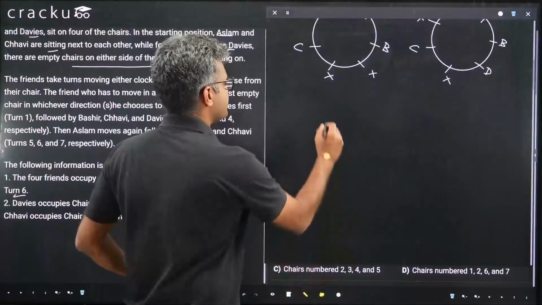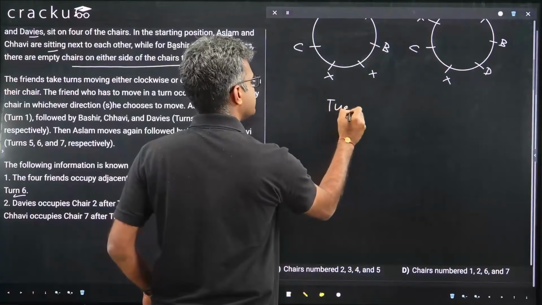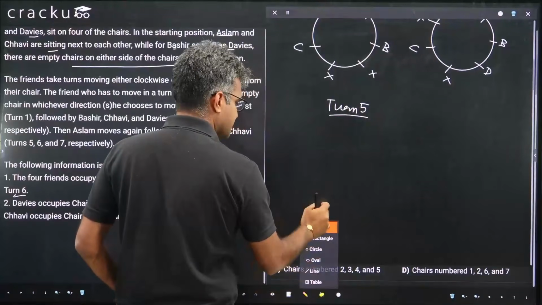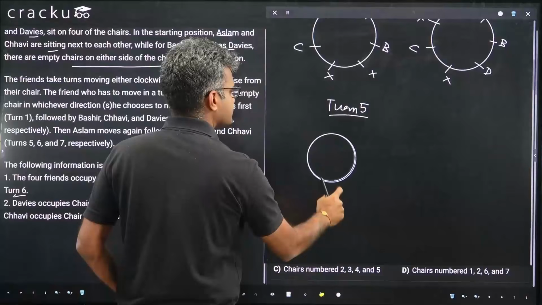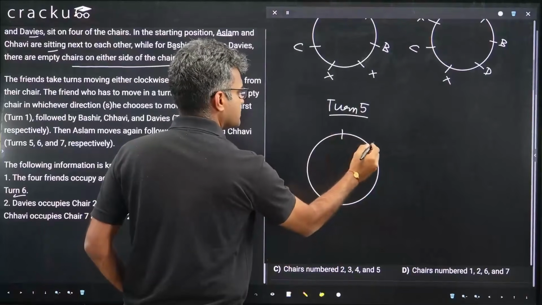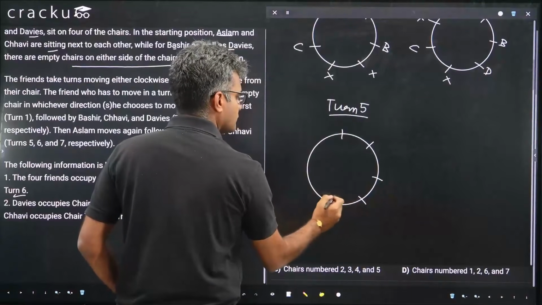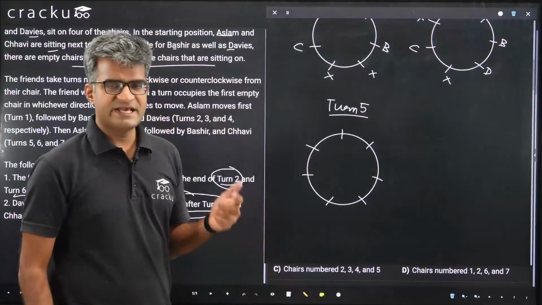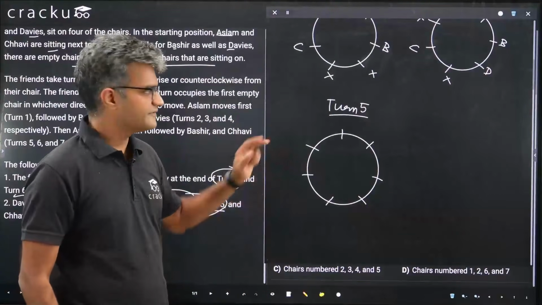Now let us look at turn 5. Who moves in turn 5? In turn 5, A will move. So let me draw that circle again. This is 1, 2, 3, 4, 5, 6, and 7. B, C, and D don't move in this turn, so they will stay where they are.